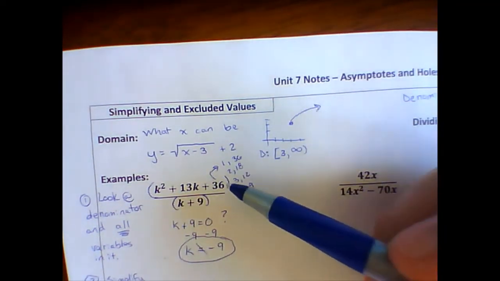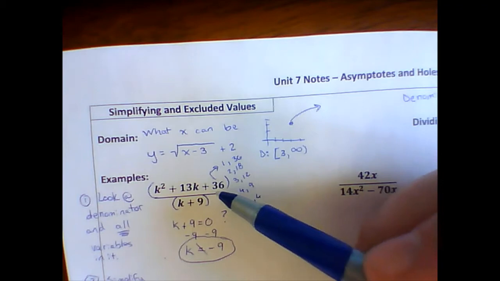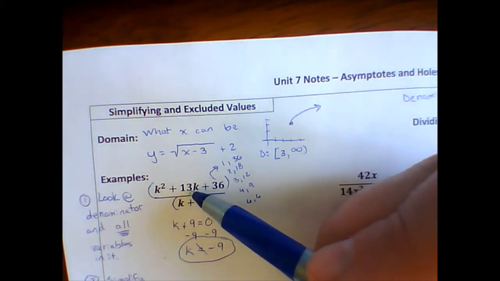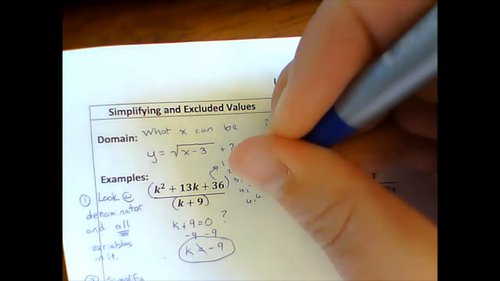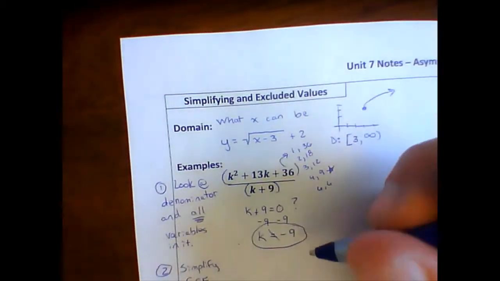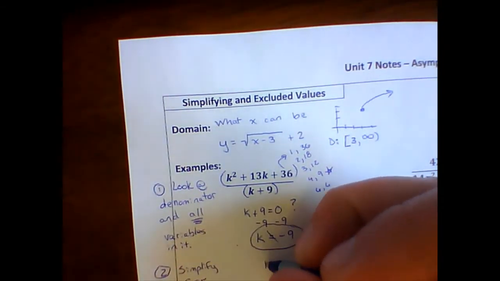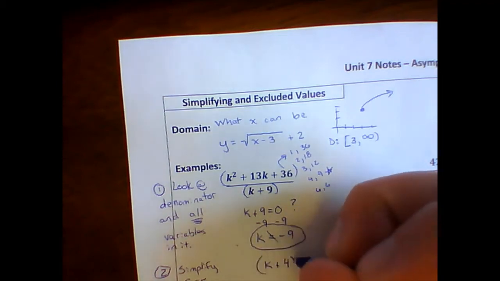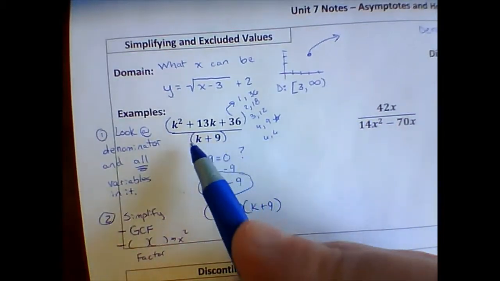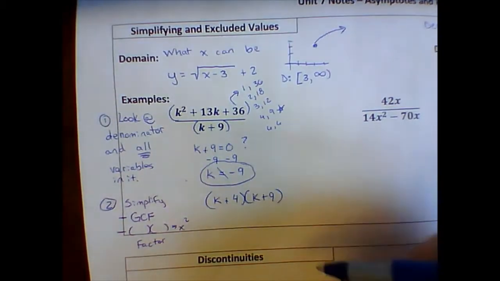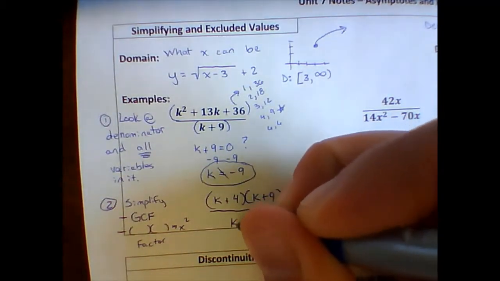We have lots of options that times to 36, but if our condition is it also has to add 13, there's just one right answer, and that's 4 and 9. That's the only pair that times to 36, but also adds to 13. So they will be our 2 separate parentheses. We have k plus 4 and k plus 9. And on the bottom, we still have a k plus 9.